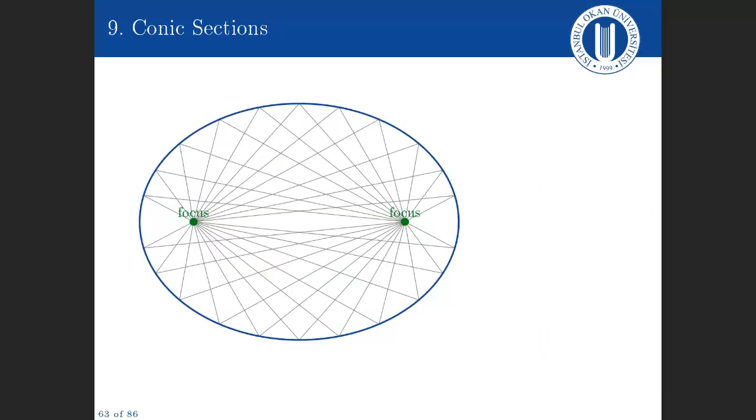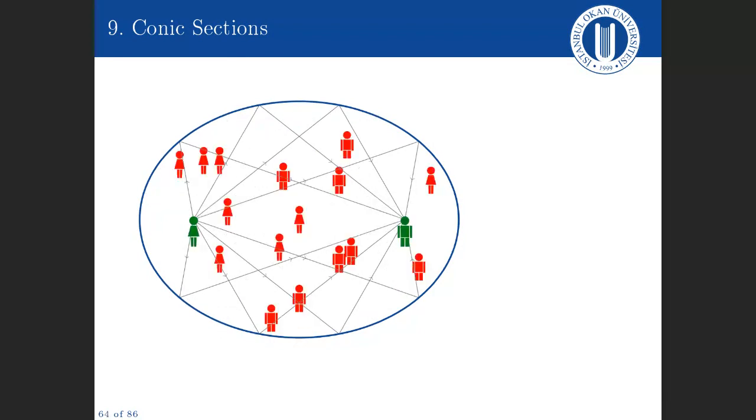An ellipse has the property that rays which originate at one focus are reflected to the other focus. So for example, if two people are standing in a crowded room, but they stand at the foci of the elliptic room, they can talk to each other because their voices are reflected or echoing off the walls of the building to the other person.